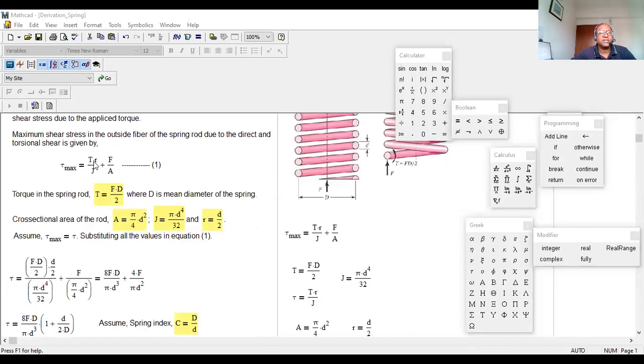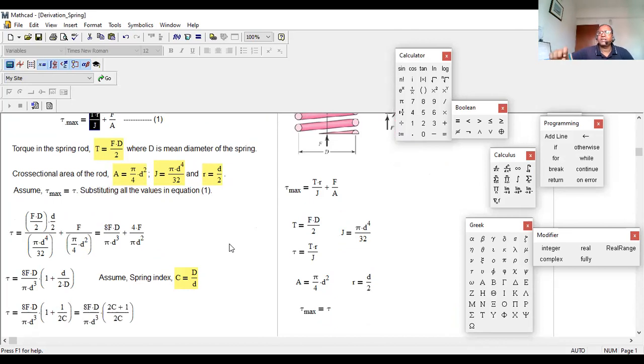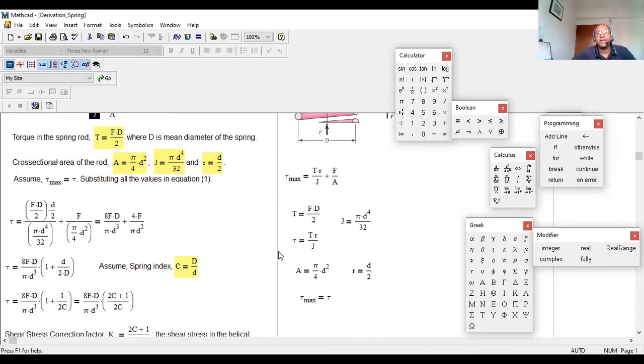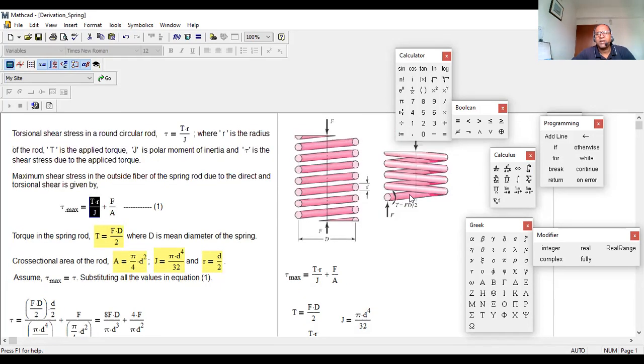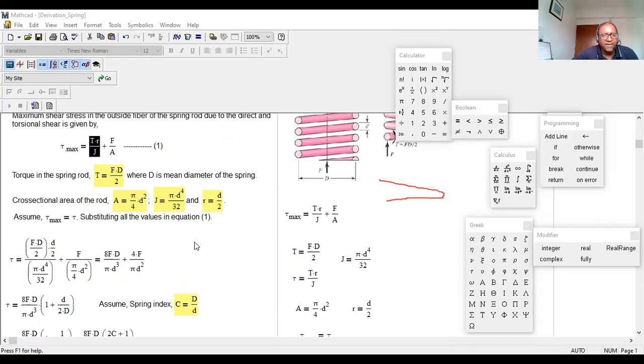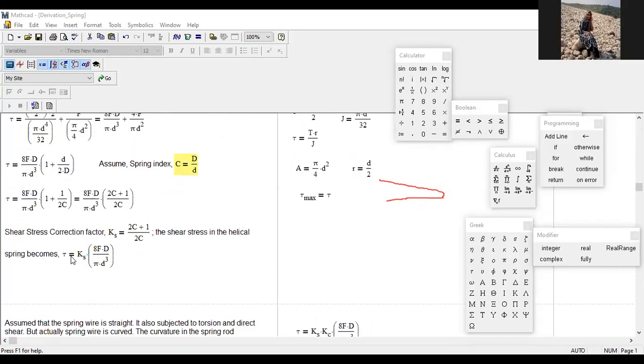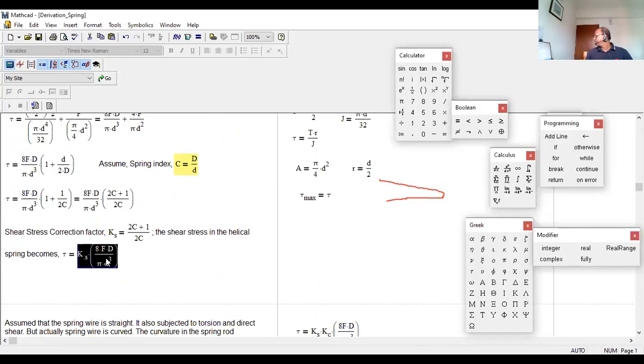This is TR by J, the shear stress formula for a round and straight bar, on a cross section where the length is straight. But we are applying it on a curved rod, so we are not accurate. That means tau equal to Ks 8FD by pi d cube is not accurate, because we applied the torsional formula on a curved bar instead of a straight bar.